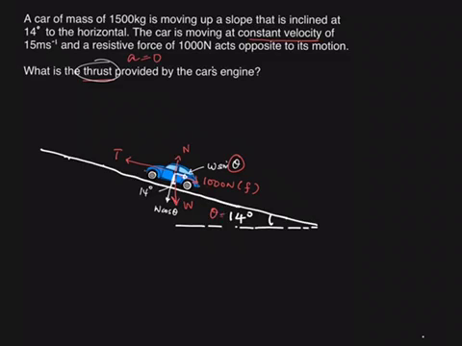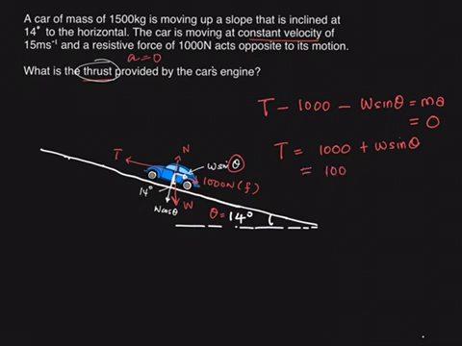So, to write the equation along the slope, we have the thrust minus the opposing force of 1000 Newton minus W sin theta, which equals ma. We have already written out that the acceleration is 0, so this is 0. So, the forward thrust equals the opposing force plus the component of weight acting downwards.